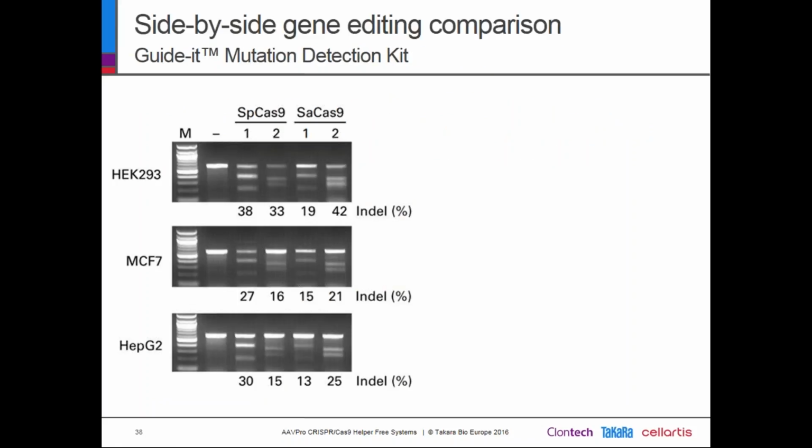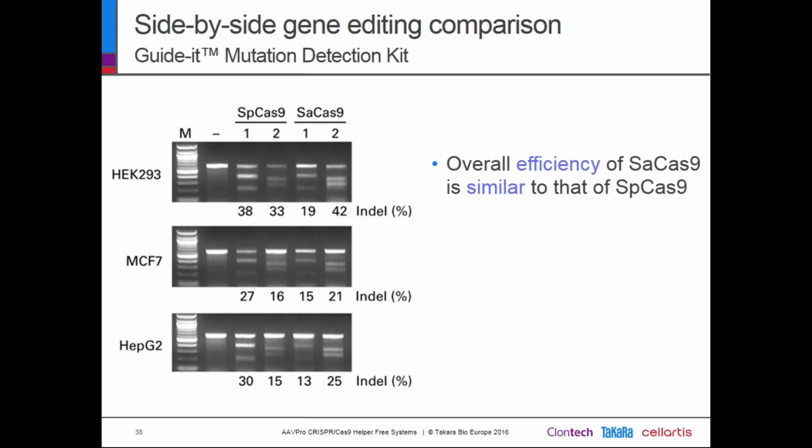Okay, so now the results. We analyzed our cell population in 3 different cell types, HEC, MCF7 and HepG2 cells, again using the mutation detection kit. And what you can see as an overall result is that the overall efficiency of SaCas9 in our experiments was also similar to that of SpCas9.